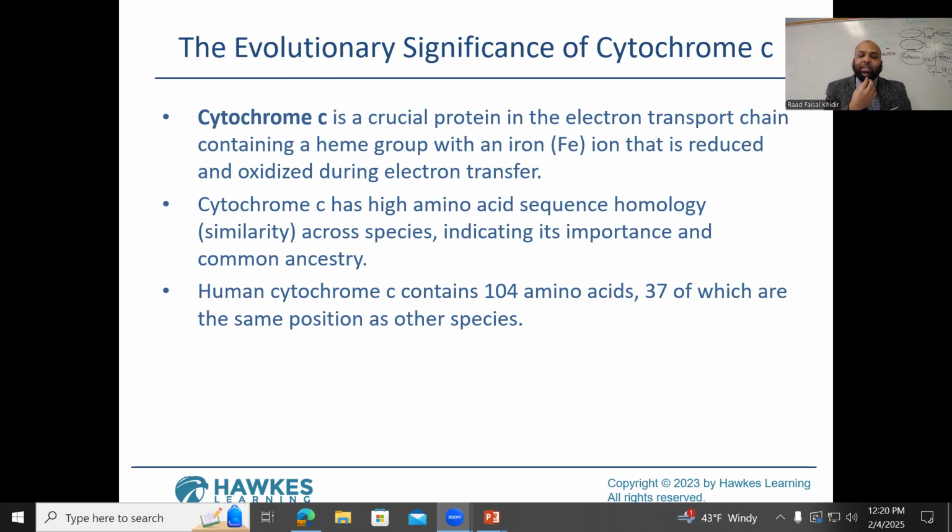So cytochrome C has high amino acid sequence homology, or similarity, across the species, indicating its importance and common ancestry. The human cytochrome C contains 104 amino acids, 37 of which are in the same position as in other species.